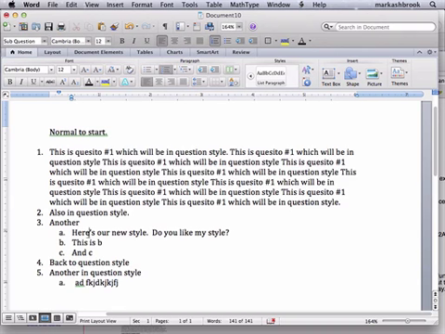Why did it change it? I don't know why it changed the hanging indent. So up here my sub-question style is there, and here it moved the hanging indent over. Like I said, I know what you go through here.